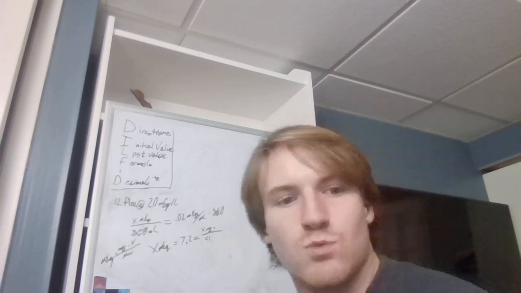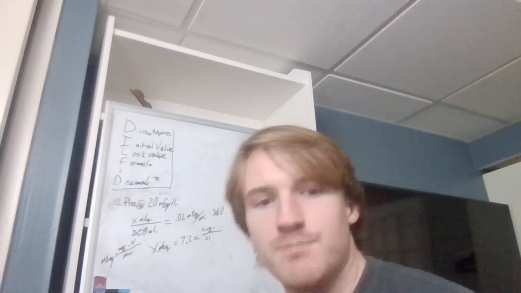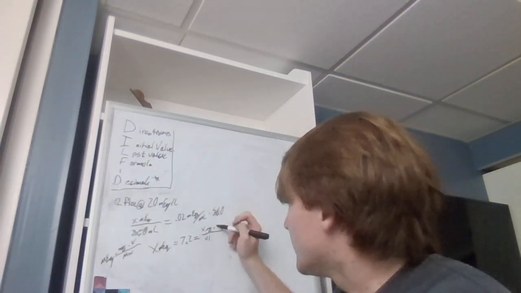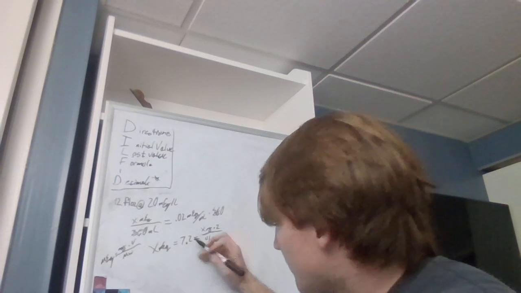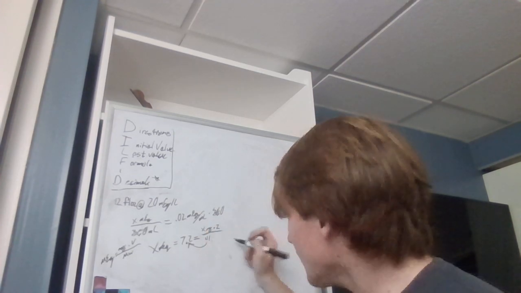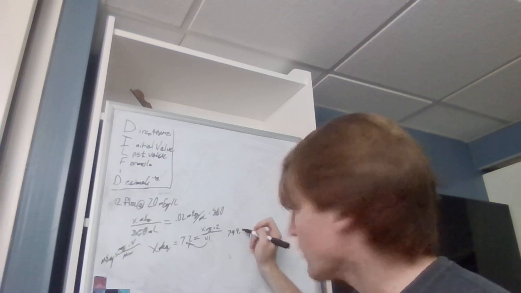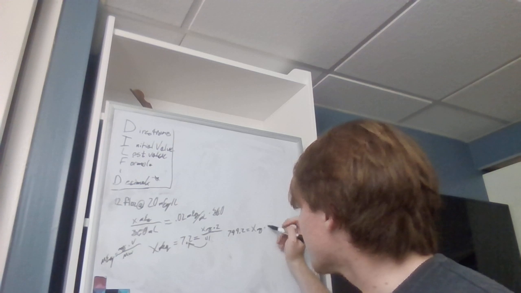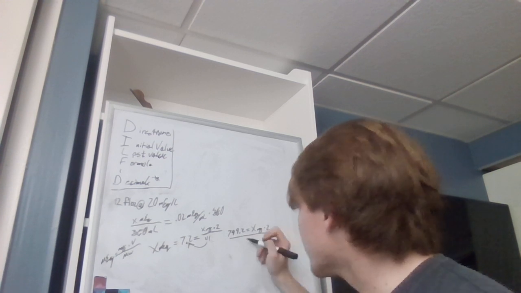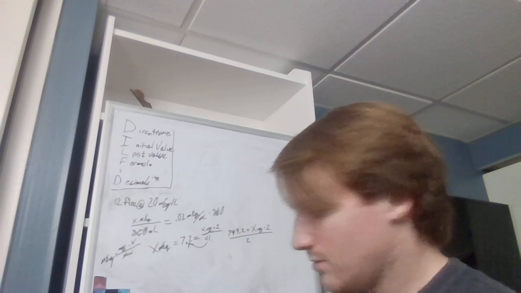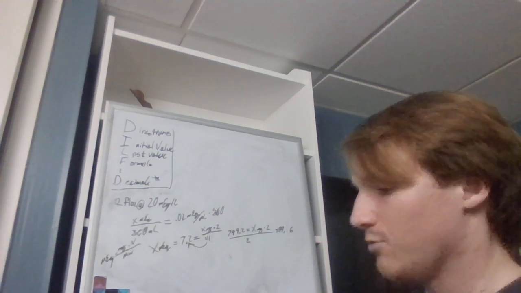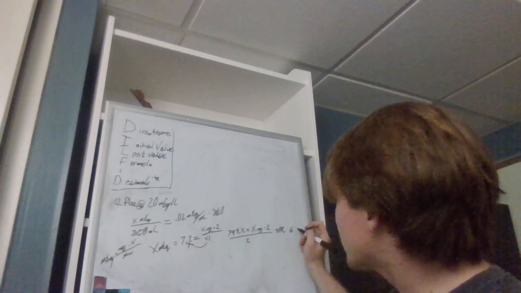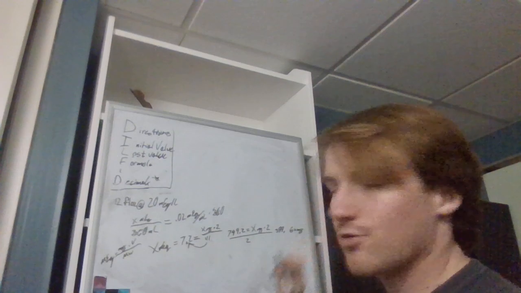And what is the largest charge in this equation? It is calcium, so we have a charge of 2. Multiply that over to the other side: 7.2 times 111, 799.2, equals x milligrams times 2 valence. Divide the entire equation by 2 to get rid of that 2: 399.6 equals our milligrams.